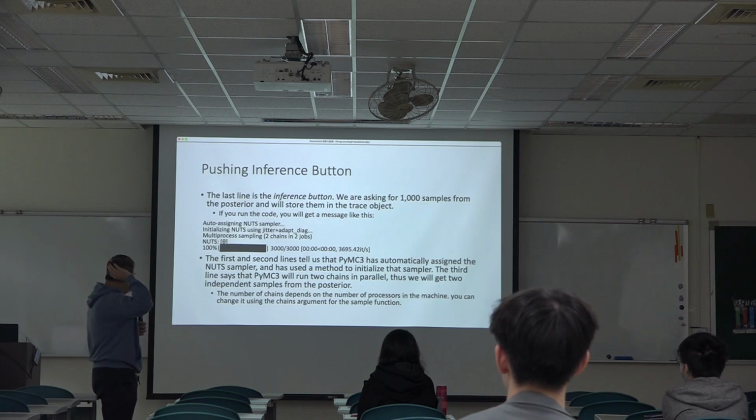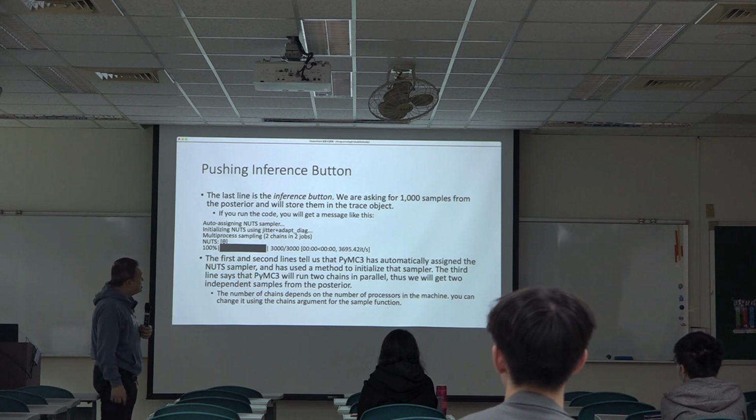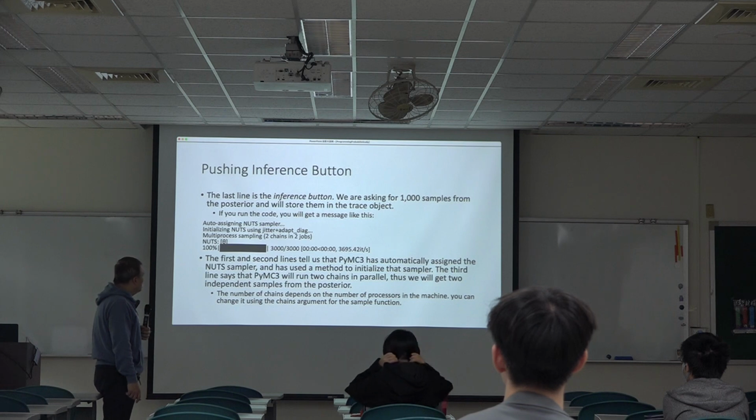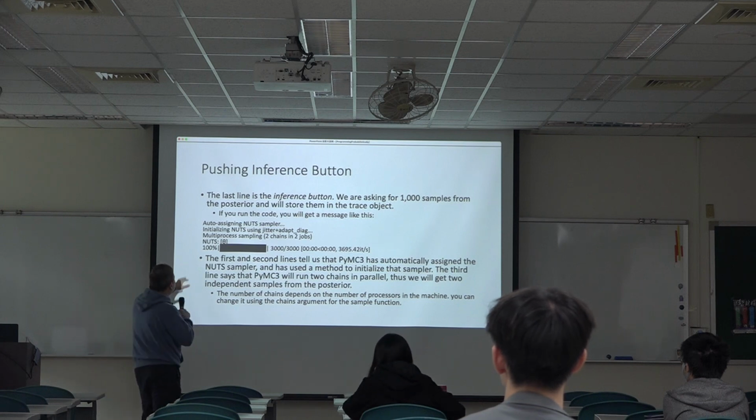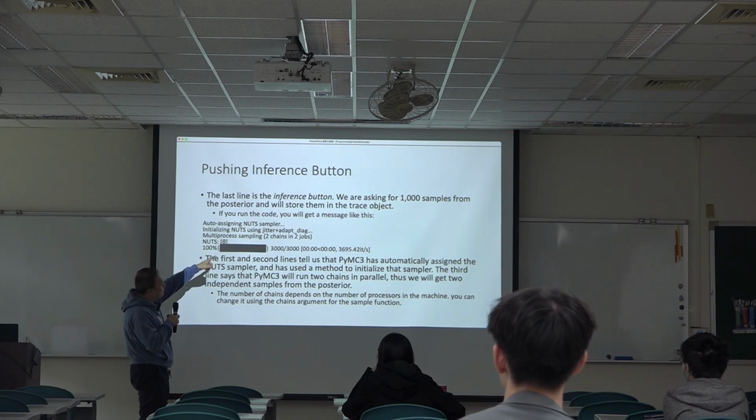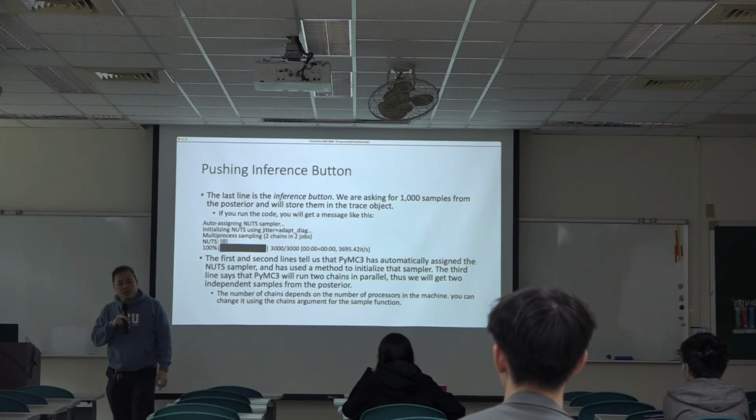So it means we are asking for 1,000 samples from the posterior, and we will store them in the trace object. If you run the code, it looks something like that. You see the first line, auto-assigning NUTS sampler. This is done automatically.